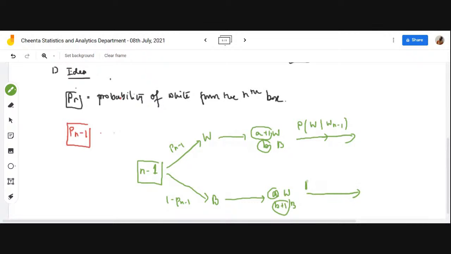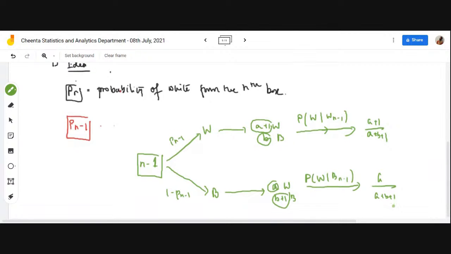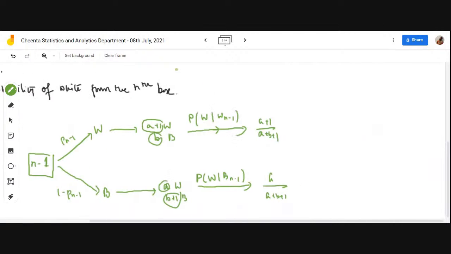Here it is the probability of W given B n minus 1, like if you have taken the black ball from the n minus 1th box. This is equal to A plus 1 by A plus B plus 1, and here it's equal to A by A plus B plus 1. How to write it mathematically now, probabilistically? Let's see it.